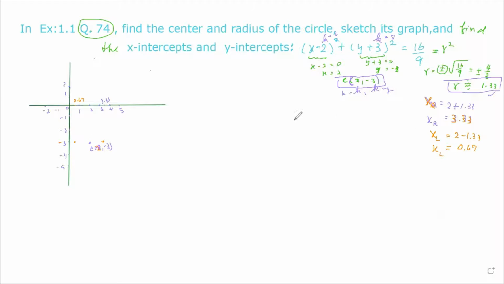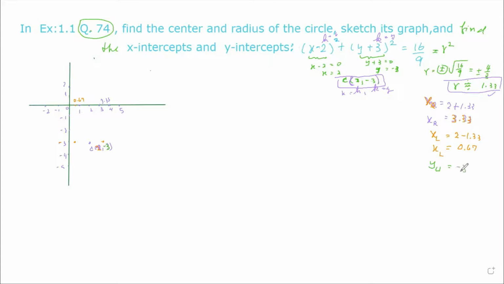Now from this center point, we want to find the radian up and down. So you start from the value of Y, which is equal to -3 here. I use a green color. Y here is -3, so from -3 go up.